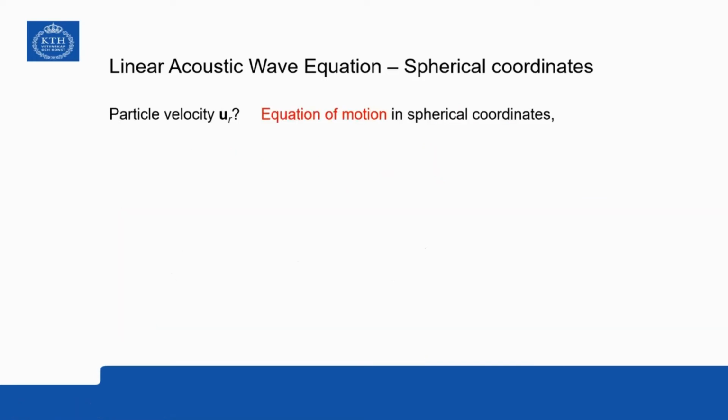And in order to determine this unknown coefficient A plus, we must have a connection between the sound pressure and the particle velocity. And that is given by the equation of motion expressed in spherical coordinates. And this version is spherical symmetric because we have no angular dependence here, as you can see.